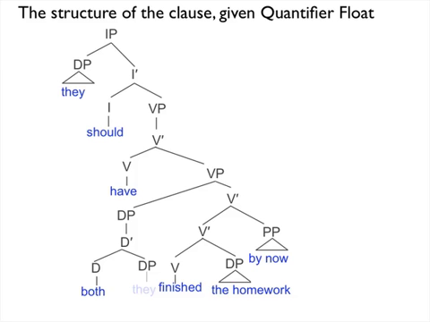They moves out and goes up to the subject slot in order to satisfy the need, because we're basically giving ourselves this kind of structure where both is something that takes a DP as its object, right? Both is a quantifier of the kind, because you can have "both the people did that," right? Both the people is clearly a DP.